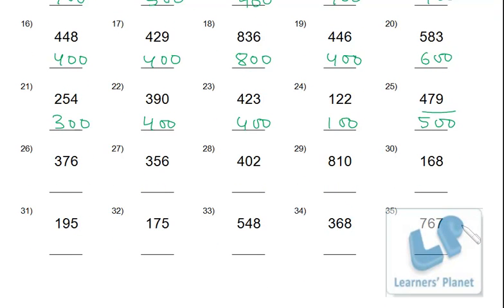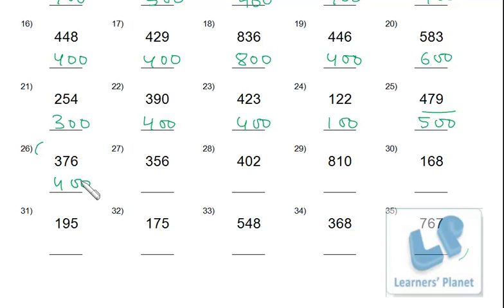So just pause the session once again and do the problems from here to here. Okay, and when you are done, just play the session once again. Okay, so I write down the answer and you match your answers with mine.